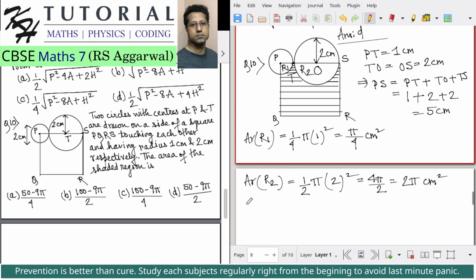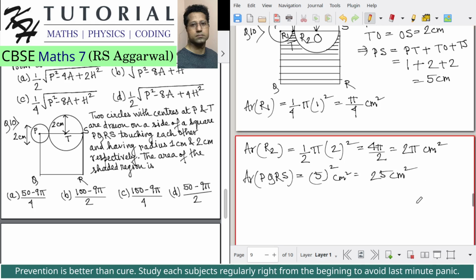Now the area of the square PQRS is equal to 5 square, since the length of each side of the square is 5 centimeter. This is equal to 25 centimeter square. So therefore, what will be the area of the shaded region?